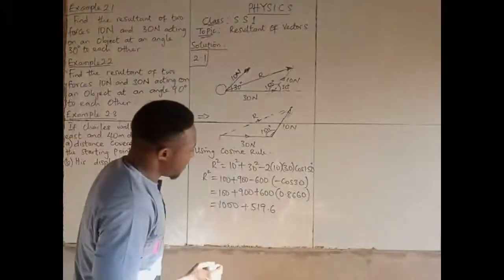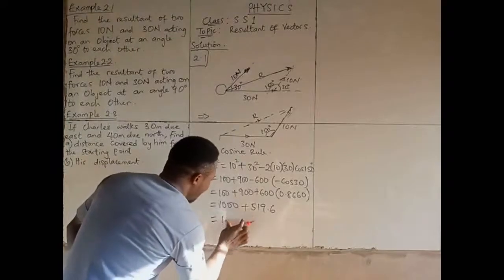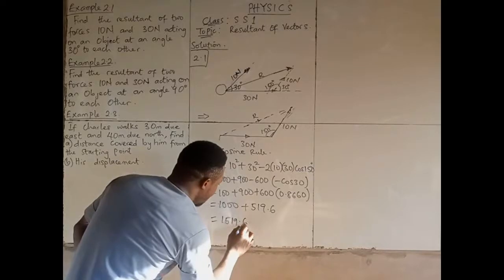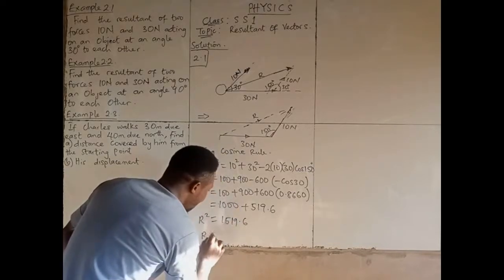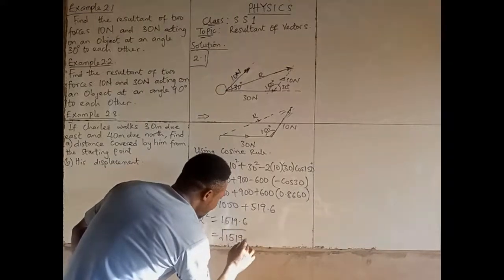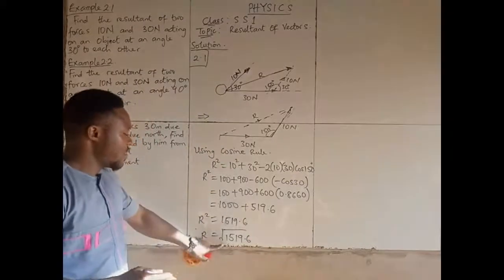519.6. If you add the two together, you have 1519.6. That is going to be your R squared, and therefore you take the square root of both sides. The square root will cancel the square, and you are left with this.